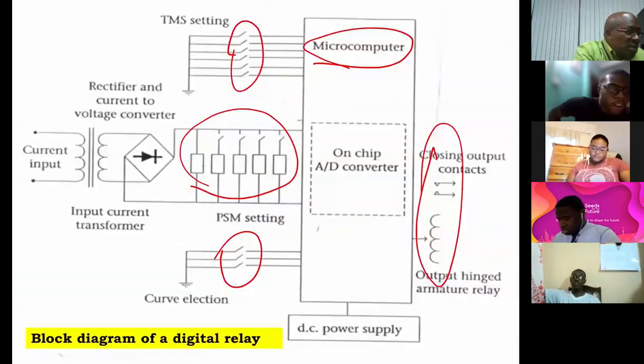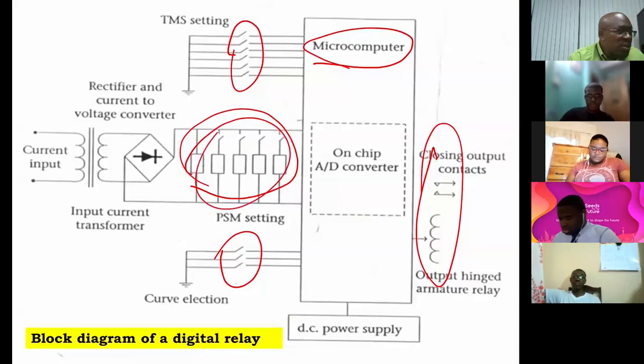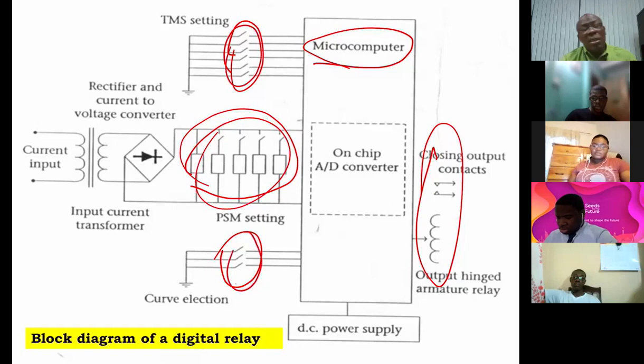All right. So that's your plug setting. We just switch one, and depending on how many you have in parallel, then you would get a change in the current that will be required to operate your relay. Your time setting is just a matter of selecting. Your curve setting, a matter of selecting.